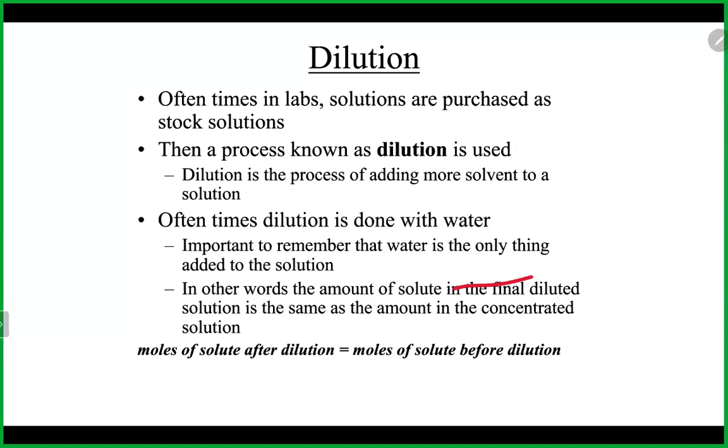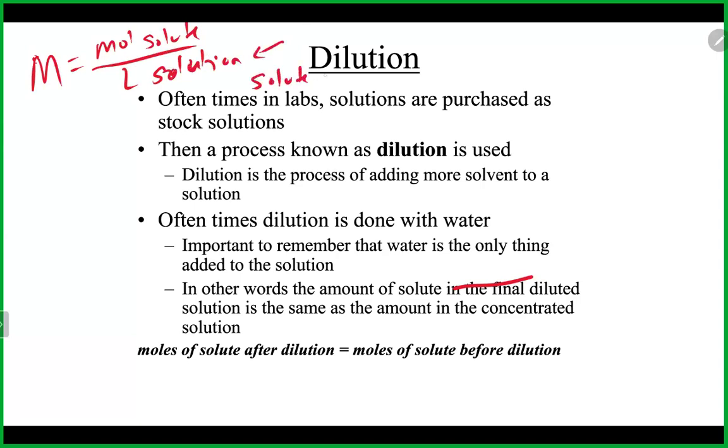That is why the molarity goes down, because if you think about the molarity formula, it is moles of solute over liters of solution. And once again, the solution is both the solute plus the solvent.